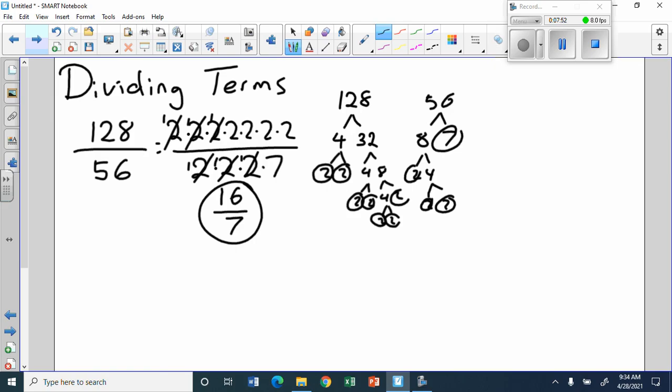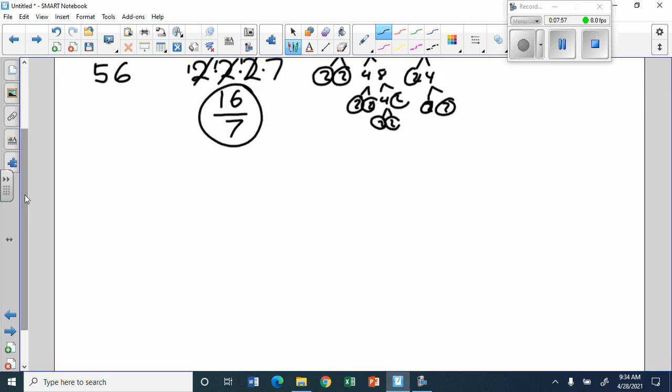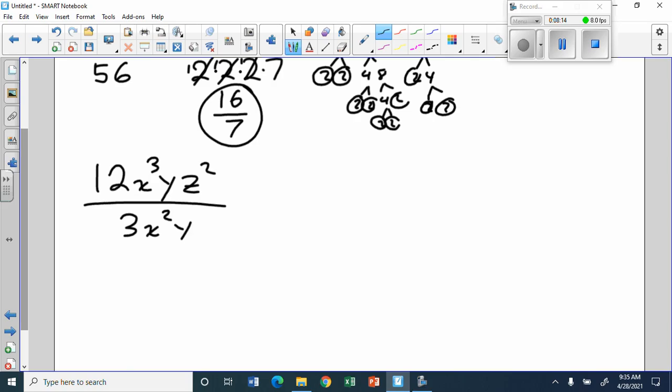So we're going to take that principle that we've already known, and I think you could simplify this next one without me doing anything with you. Let's see what you get as your answer. 12 x cubed y z squared divided by 3x squared y. Underneath that, write down the simplified answer.